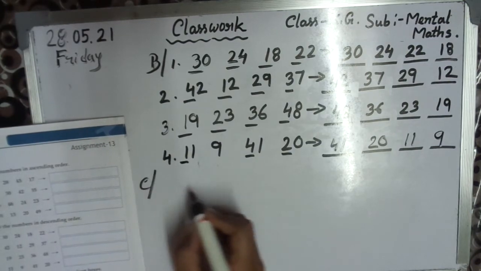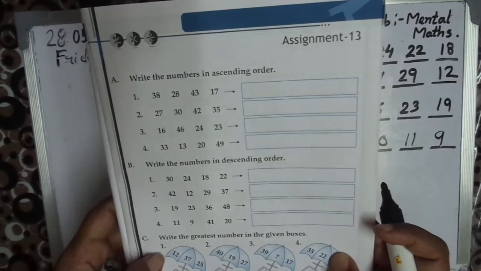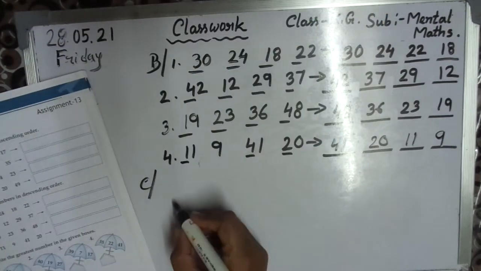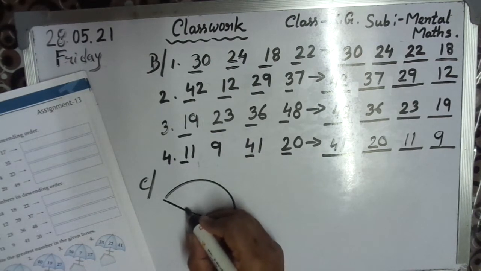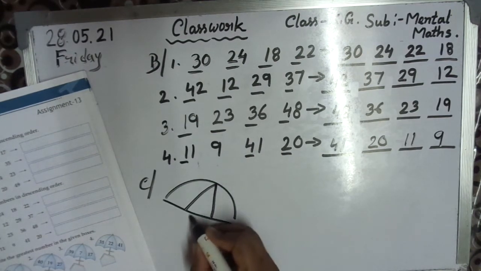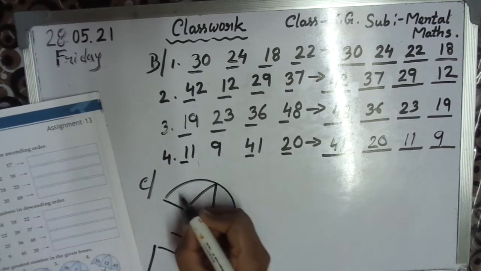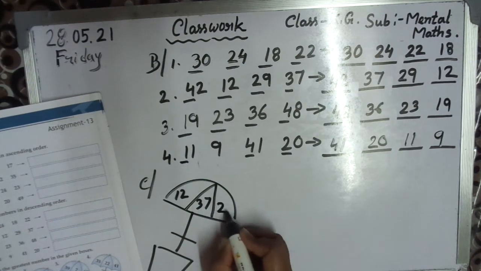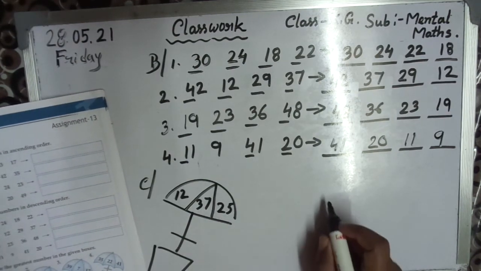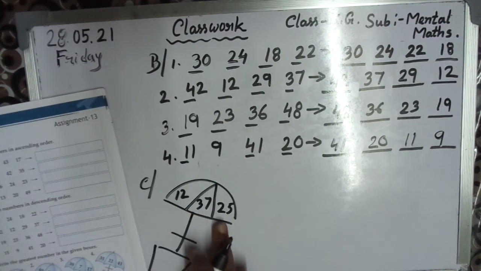Now let's see, write the greatest number in the given boxes. Greatest number, see, umbrella is here. Okay. 3 number, 12, 37, 25. So greatest number in the given boxes. Which number is greatest number? 1, 3, 2.